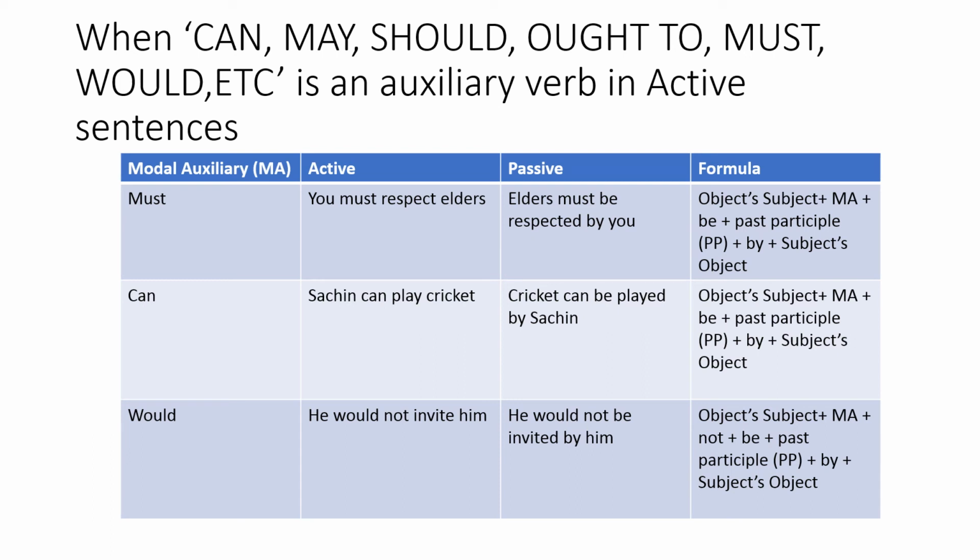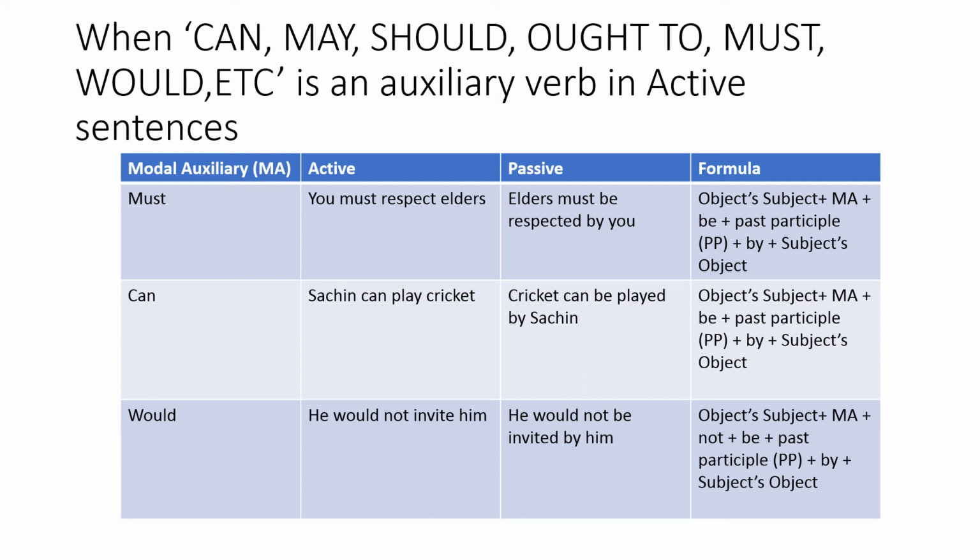So we have brought elders, followed by the modal auxiliary, that's must, followed by the be verb, that's be, then the past participle of the main verb respect, that is respected here, then by, then the subject, that is you. So the correct form, if we read it out: "Elders must be respected by you." So this is quite easy.